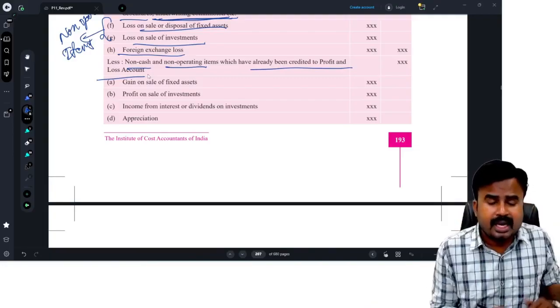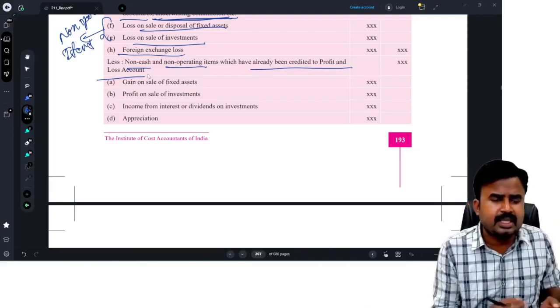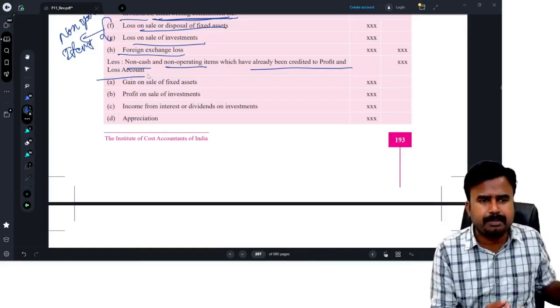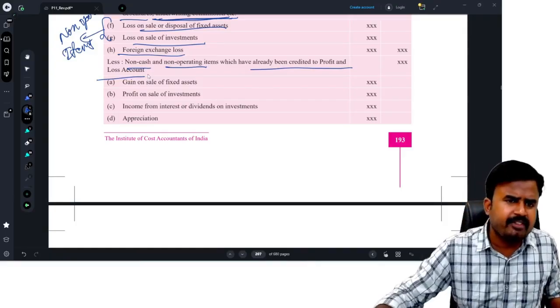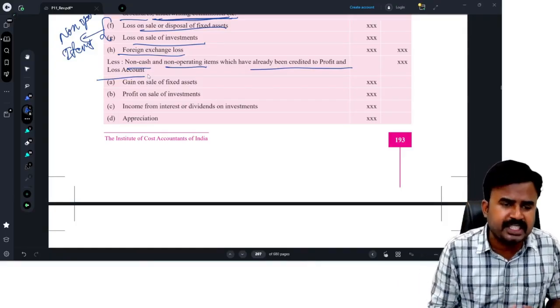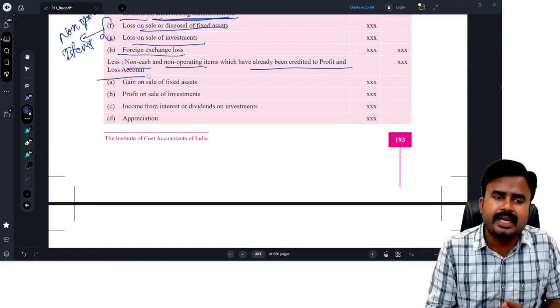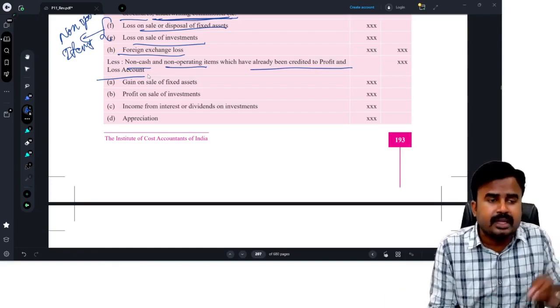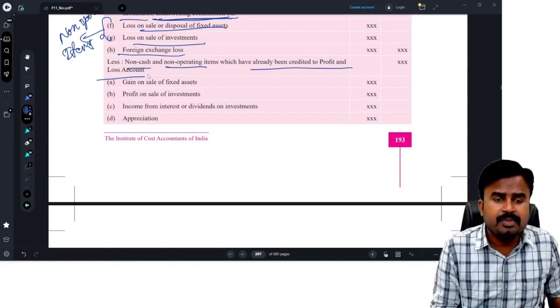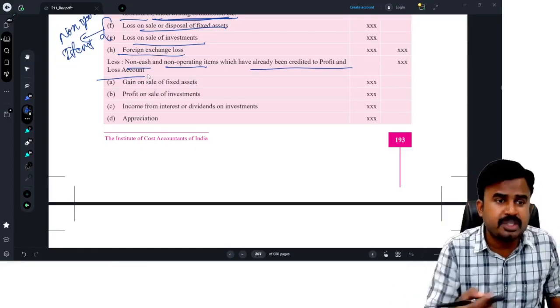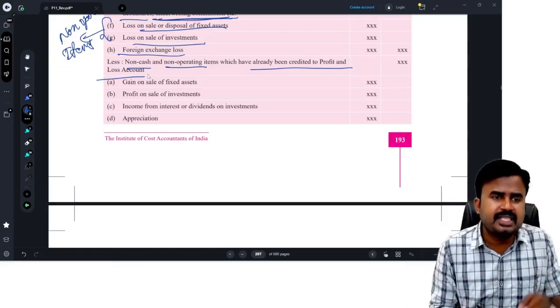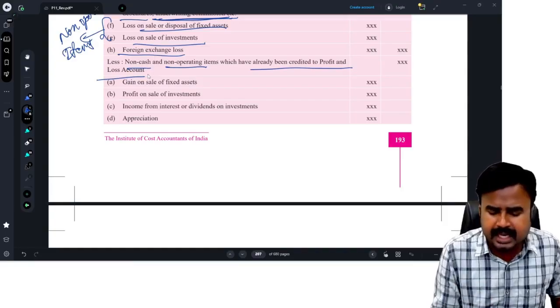Why? Because suddenly we are going to liquidate those investments, and such money can be used for your expansion purpose also. So the ultimate thing for every business is to run their manufacturing activity or selling activity or trading activity, but not to invest money in the securities to earn interest income or dividend income, because you are not an investment company. So any income which is generated from investments is a non-operating income.